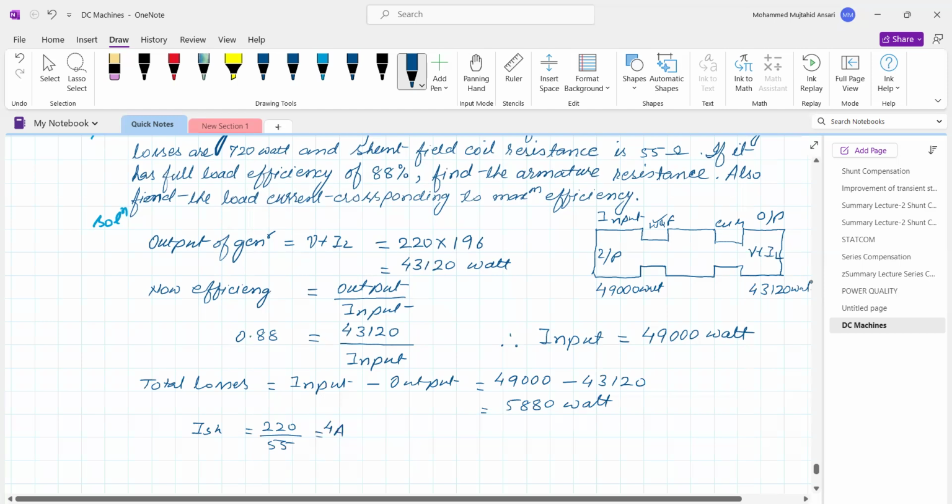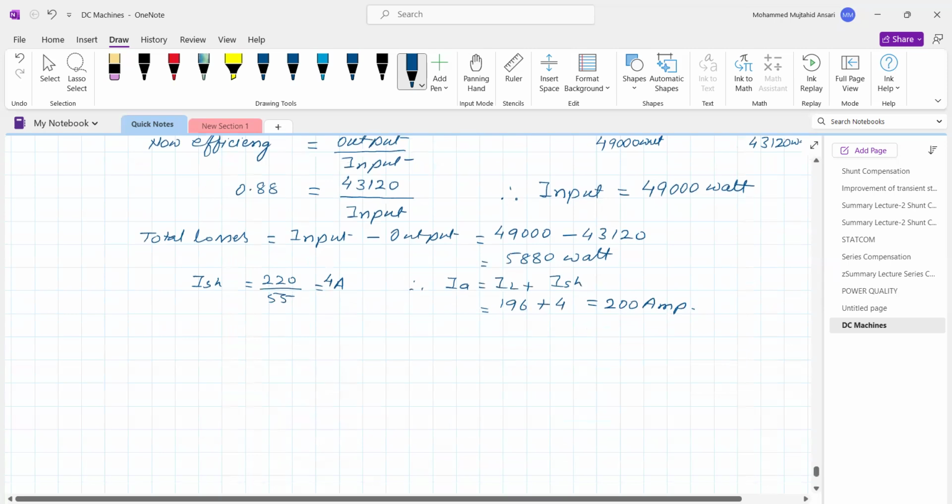Shunt field current we know. Therefore, armature current IA is equal to IL plus ISH, which is equal to the load current 196 plus 4, equals 200 ampere. So this is the armature current.